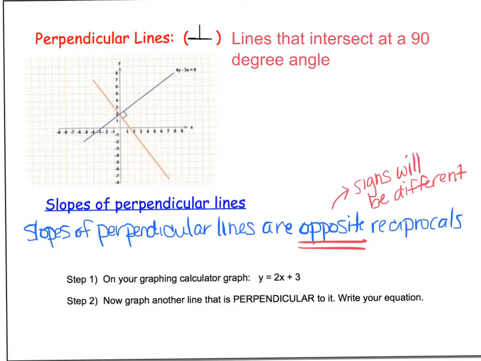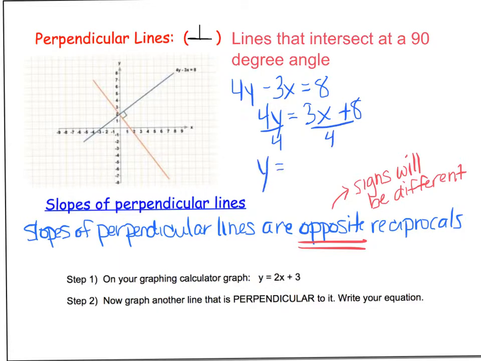Let's look at this example back up at the top. I can tell the blue line, its equation was 4y minus 3x equals 8. Well, if I put that in slope-intercept form, I can see that the slope was 3/4.